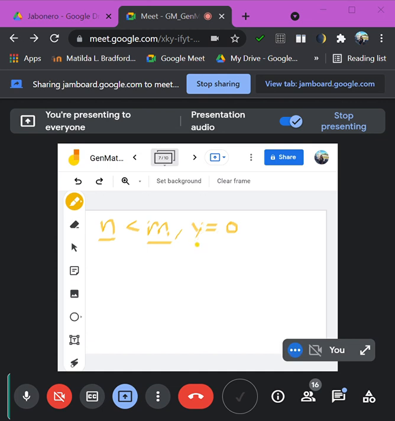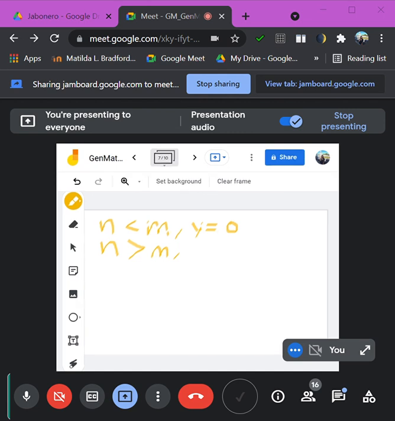Okay? So, meaning to say, if your n is less than m, imuhang range or imuhang y is equivalent to 0. Okay? And then, if ang imuhang n is greater than m, ang imuhang y ana kay wala siya horizontal asymptote. Okay? No horizontal asymptote. And then what if kung ang imuhang n is equal to m?